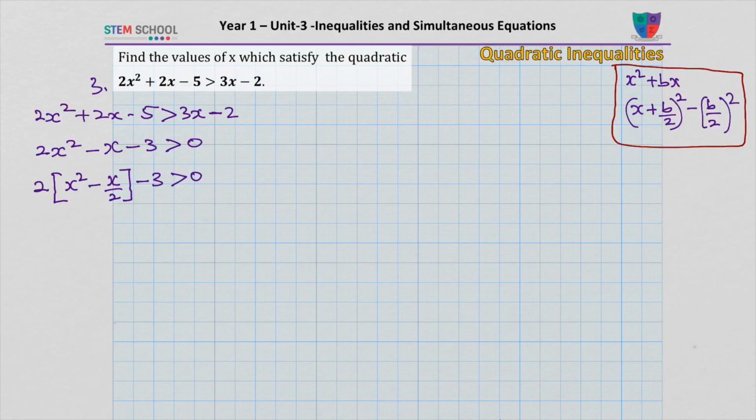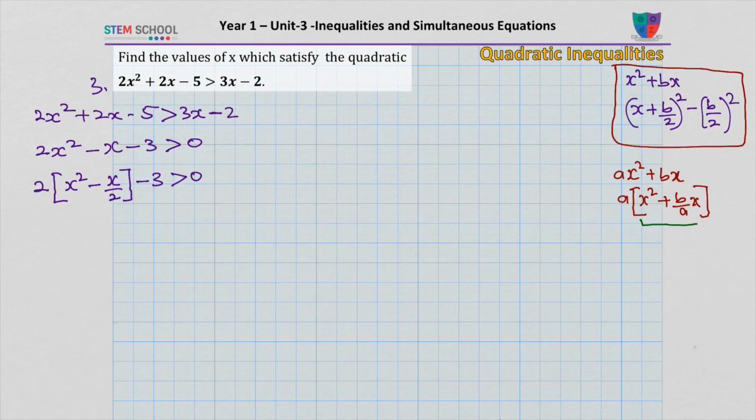But then if I have ax squared plus bx, take a out as a common factor, which is what we're doing, we would have a open bracket x squared plus b over a x. And then I'm going to do completing the square on the square bracket.